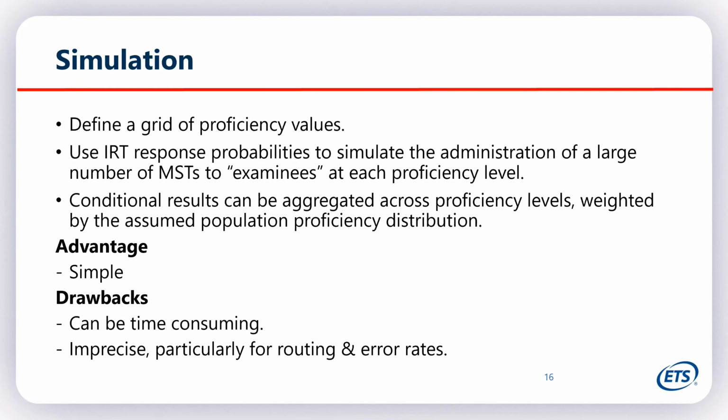We can then take those conditional results, if we choose to, and aggregate them across proficiency levels, weighted by the assumed population distribution of proficiency, to get an aggregate population total score distribution that looks like the one we showed earlier.